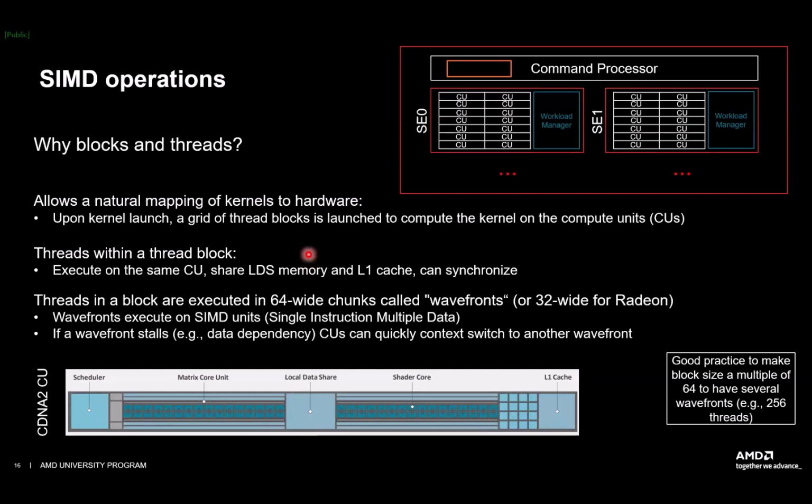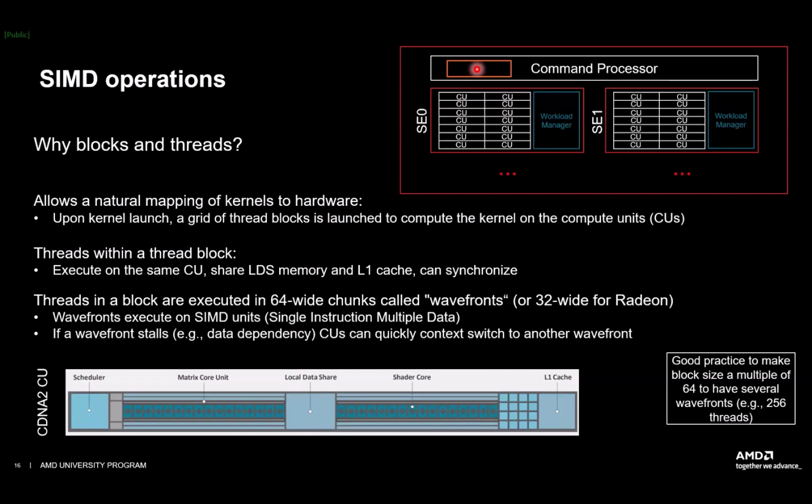The way that this actually works is that when you launch your kernel, you send a packet over to the command processor on the GPU, and that packet contains information about things like the grid hierarchy: the number of threads per block, the number of blocks in the grid. And so you break up your problem into some number of these thread blocks.